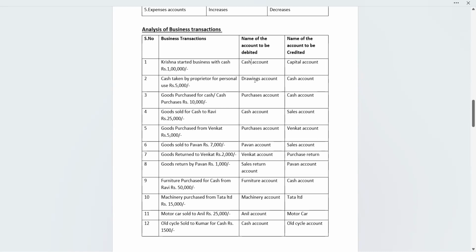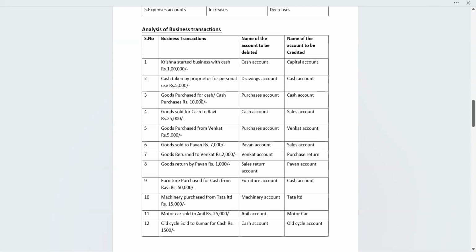Drawings is a representative personal account. Is it a giver or receiver? Receiver, which side? Debit side. Now cash comes in or goes out? Goes out, which side? Credit side. So cash is credit, drawings is debit.